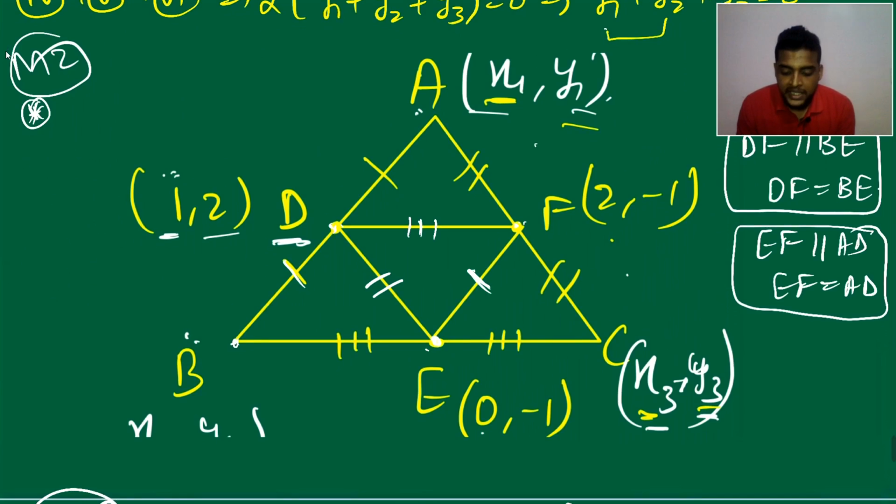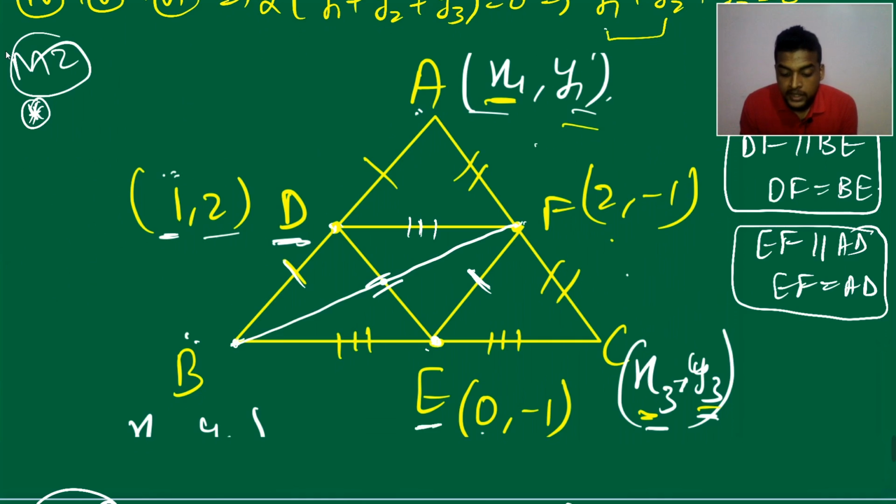Again, BE is equal to DF and BE is parallel to DF. It means opposite sides are parallel and equal. Hence, it's a parallelogram. Any problem? No problem. Okay. And in a parallelogram, we know the diagonals bisect each other.